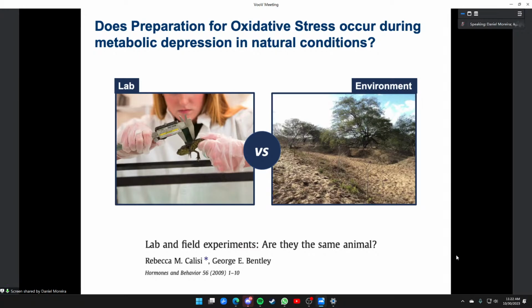This is what led us to the Brazilian semi-arid region to study estivating frogs. We know from the literature, for example on stress hormones, that animals in the lab behave and have biochemical responses that are different from animals in the wild. So this was our main motivation. Is preparation for oxidative stress a real phenomenon? Does it happen in nature? Or is it something of lab animals?